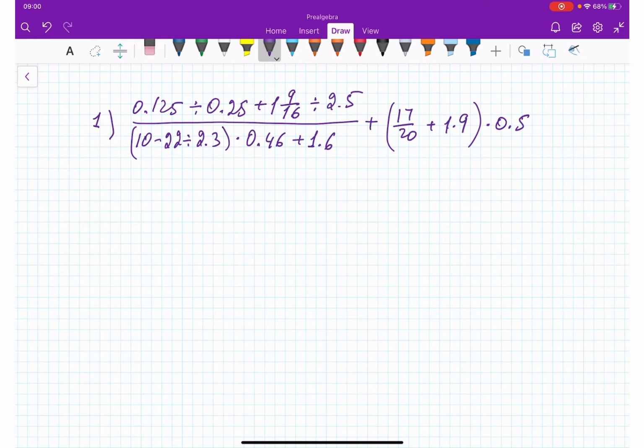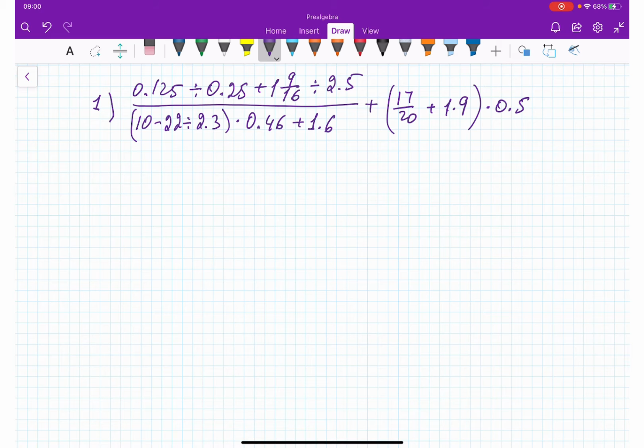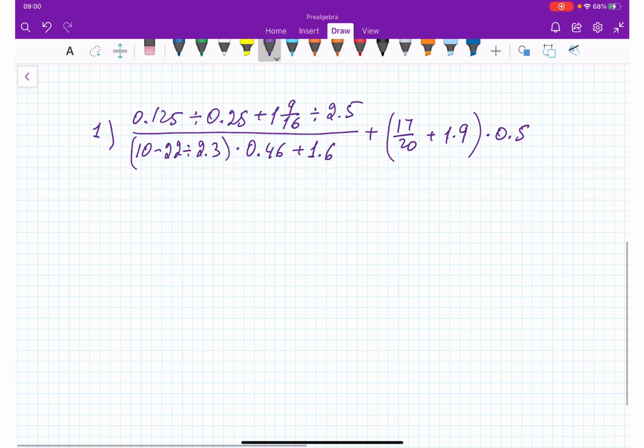Okay, let's start solving. So, first thing first, since the first operation is going to be this one and this one, right? So 0.125 I can easily divide by 0.25, so then it makes sense to divide and only then convert into a simple fraction.